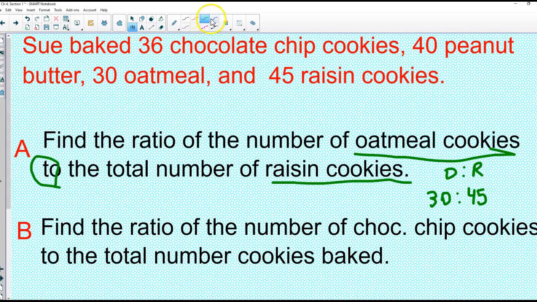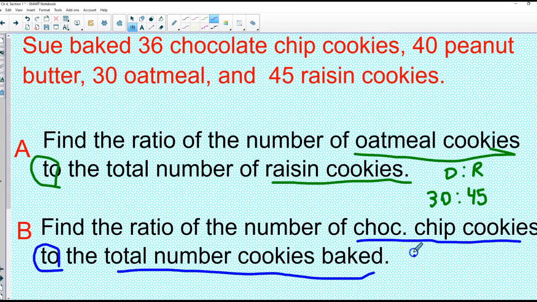Let's look at question B. Find the ratio of chocolate chip cookies to the total number baked. So we want chocolate chip to total. If we look at our problem, it tells us right here that there was 36 chocolate chip. So we know that.